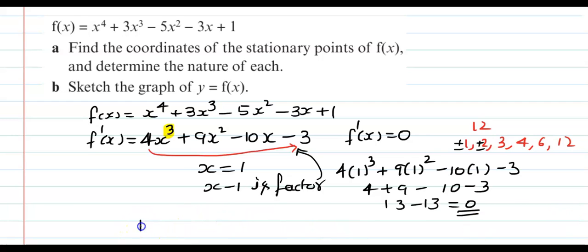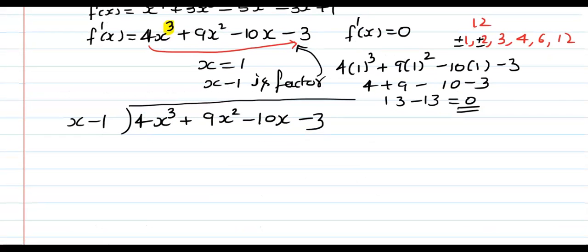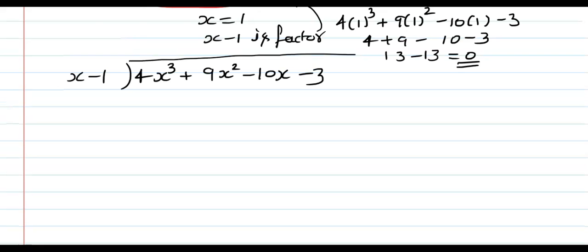Let's write down here 4x cube plus 9x square minus 10x minus 3, and we need to divide it by x minus 1. Okay, so let's divide it step by step. So I'm dividing.